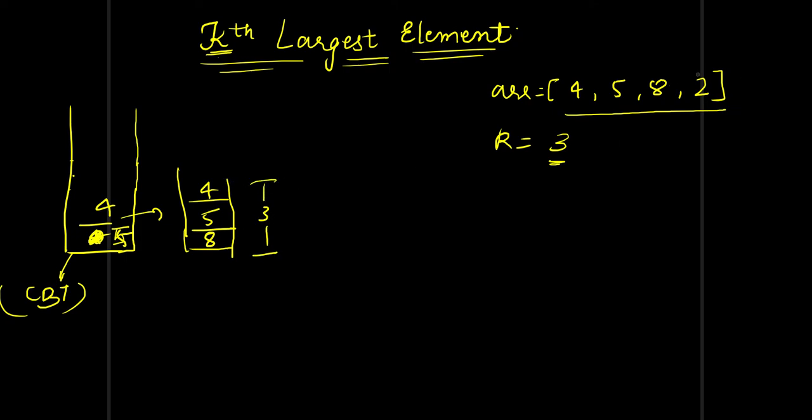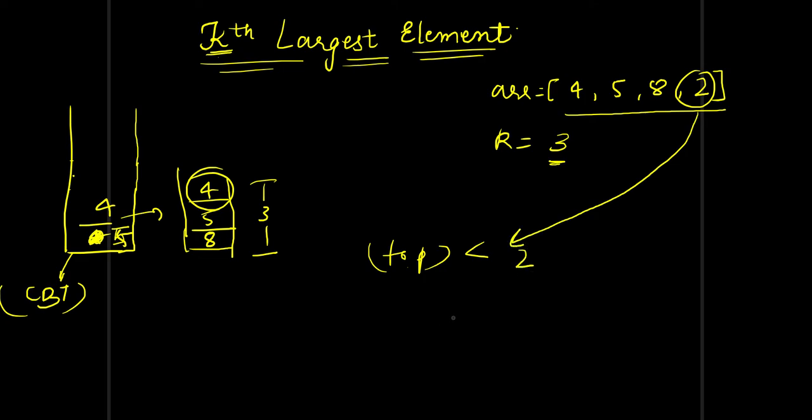Now 2 came. I will check the top: if my topmost element is lesser than the incoming element, which is 2, because my focus is to get the largest elements.